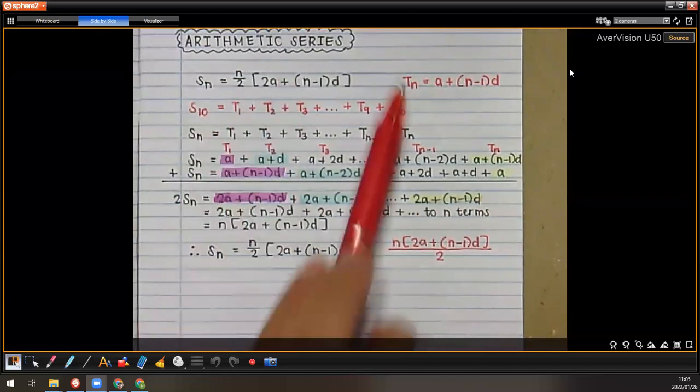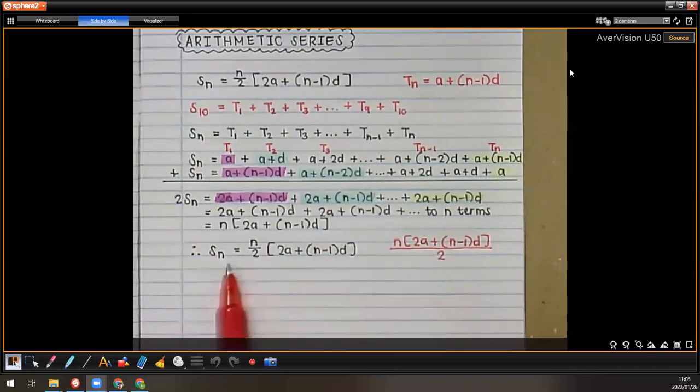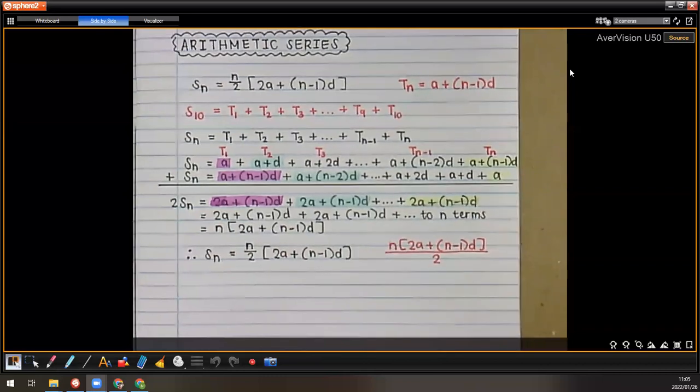They will ask you to prove it like this. So you can't leave it like this, unfortunately, as your final answer. This is equivalent to this, where you are just taking this whole side dividing by 2, but you can just take the 2 and write it under the n because it's still the whole thing multiplied together. It's still one term. Okay, and that is the proof for this arithmetic series sum formula.